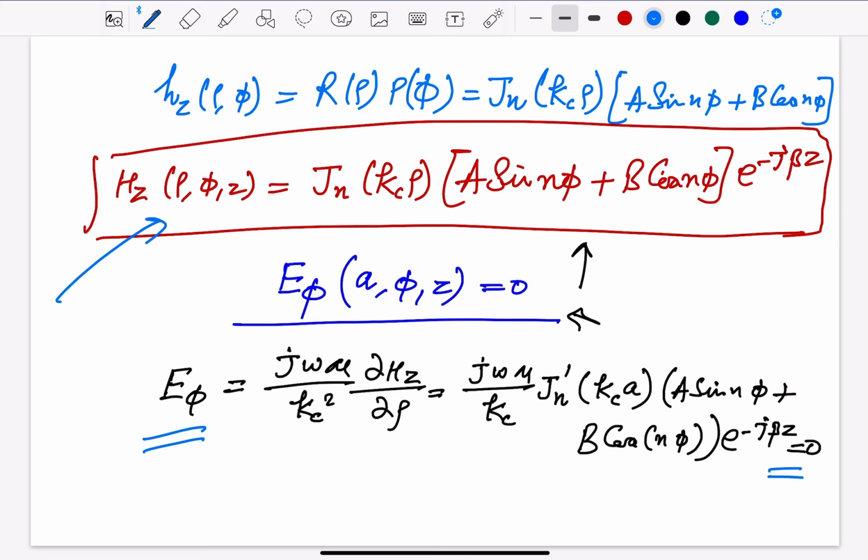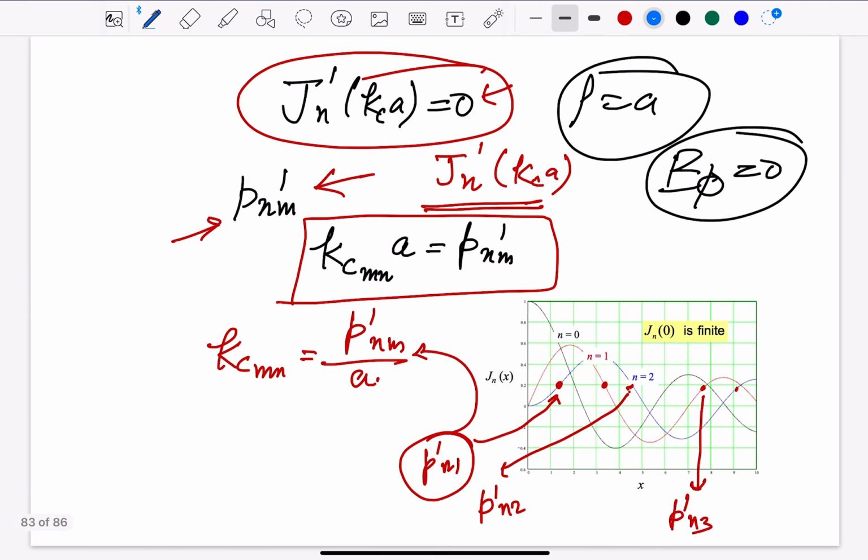Making E phi 0 and defining the other terms, the roots, here you can see Jn prime of kc a is equal to 0, and here P nm prime are basically the roots of this Jn prime kc a.